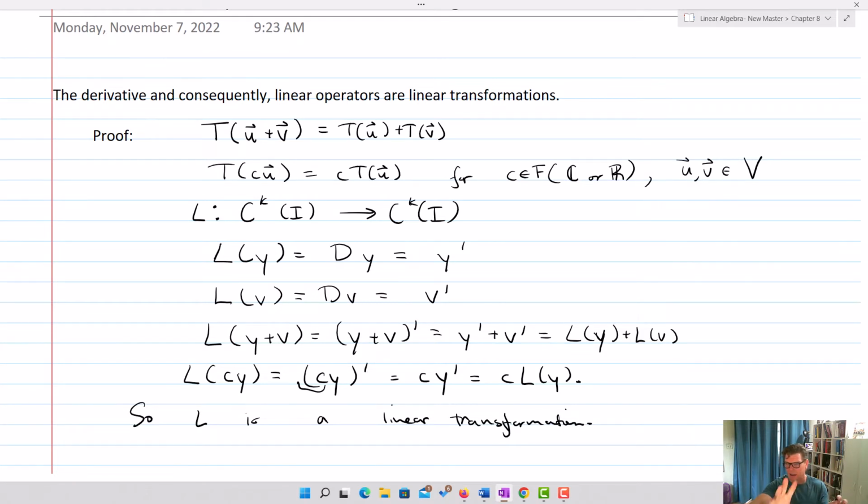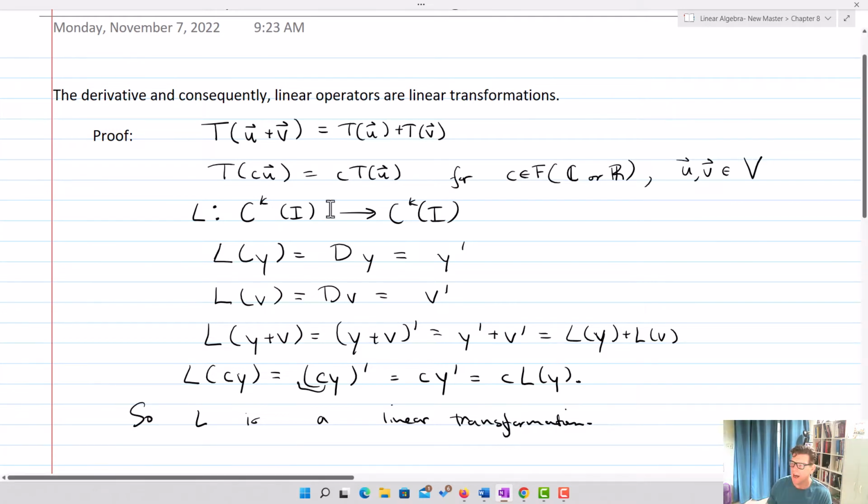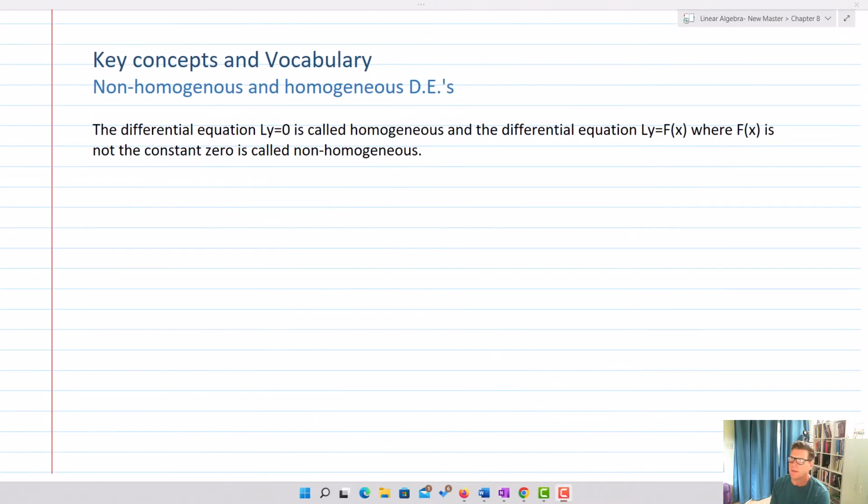The proof of that would extend exactly from the characteristics of the derivative. And this is going to be really handy for us, because it's going to allow us to think through some important aspects of differential equations. So we can establish that we have linear transformations here for our differential equations.